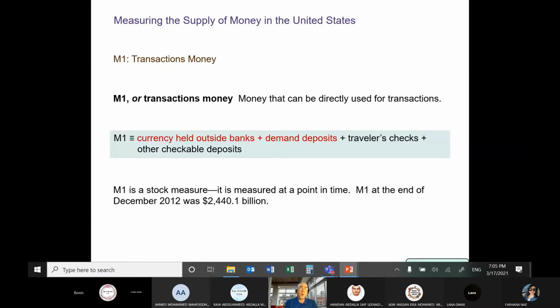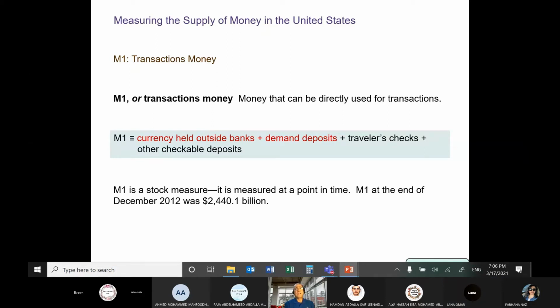It's called M1, money one, which is transactions money, or the narrow definition of money. What is M1? M1, or transactions money, is money that can be directly used for transactions.